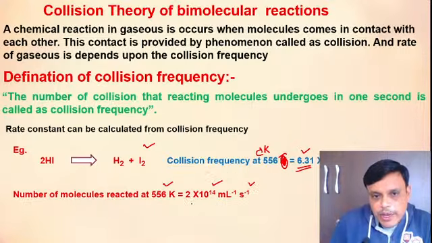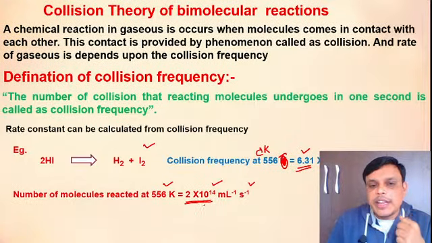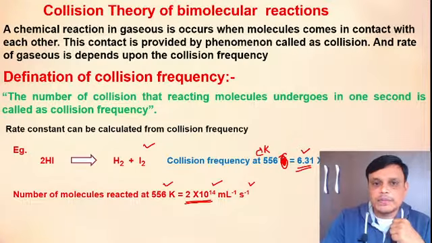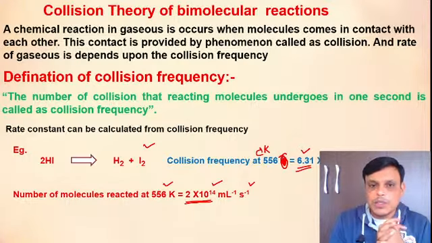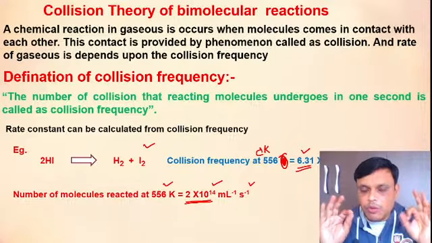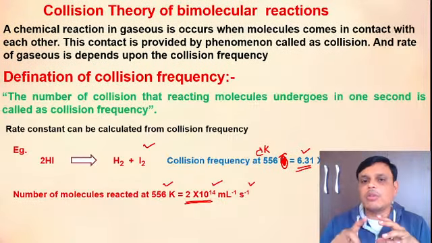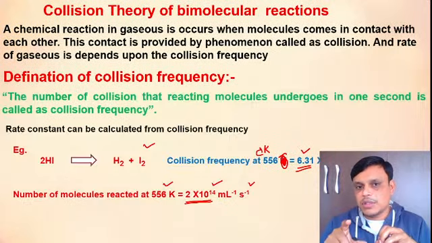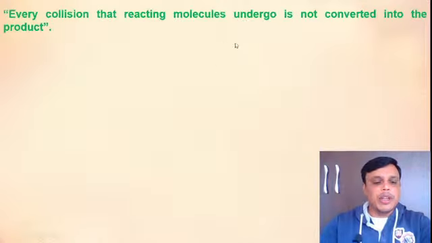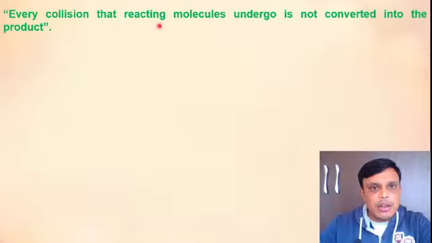If you compare these two values, you will come to know that the number of molecules reacted is very small as compared to the collision frequency. So what is the moral of this story? Whatever the number of collisions that occur, all the colliding molecules will not get converted into the product. Every collision that a reacting molecule undergoes is not converted into the product.